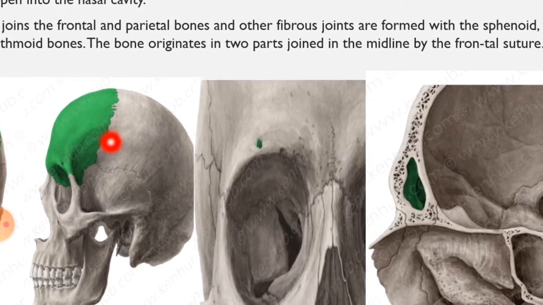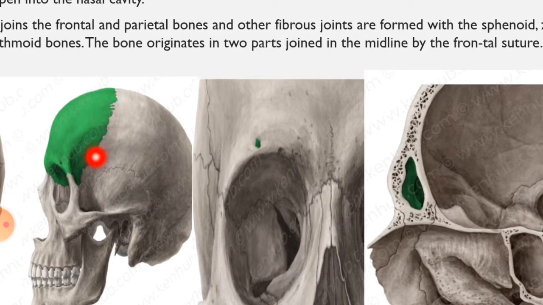You can appreciate this suture here, called the coronal suture, and at this point you can see that the parietal bones and the frontal bone both are joining. So this suture, the coronal suture, joins the frontal and the parietal bones.